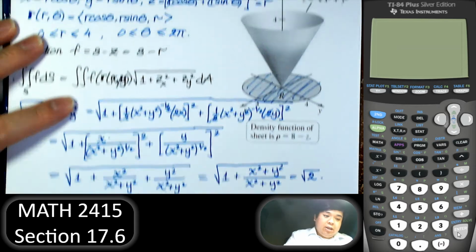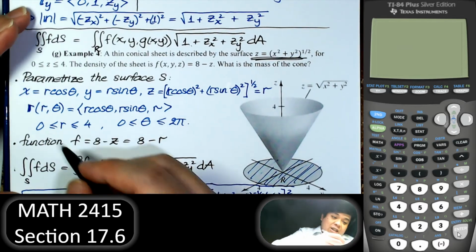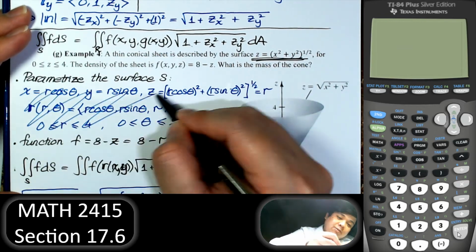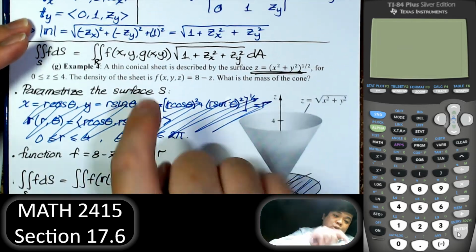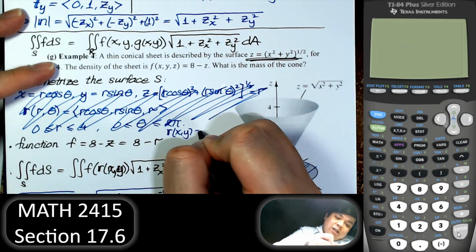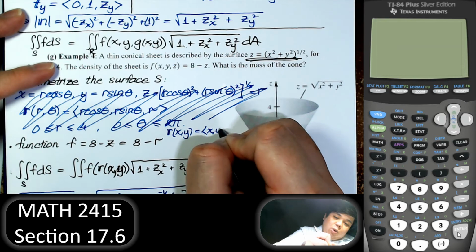By the way, in this problem we do not parameterize the surface using r and theta. If we want to use that formula, we just say the surface is x and y with the function.